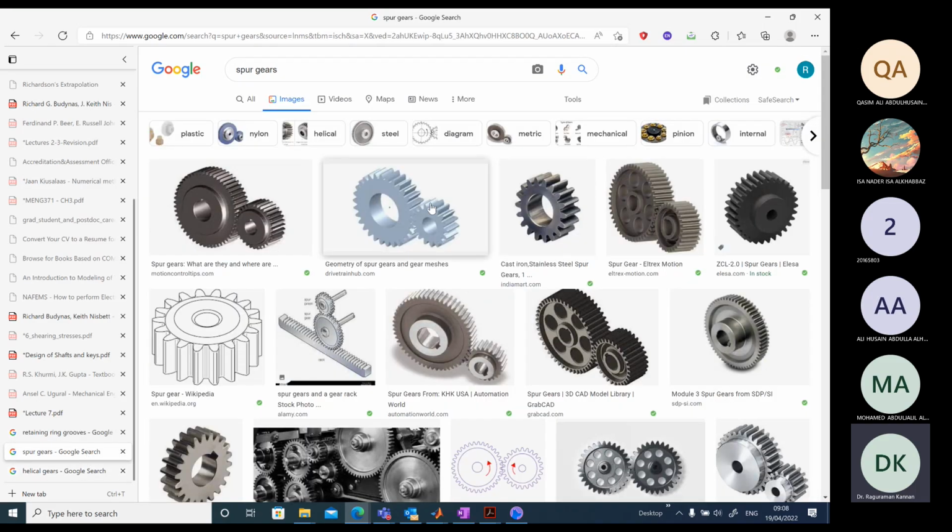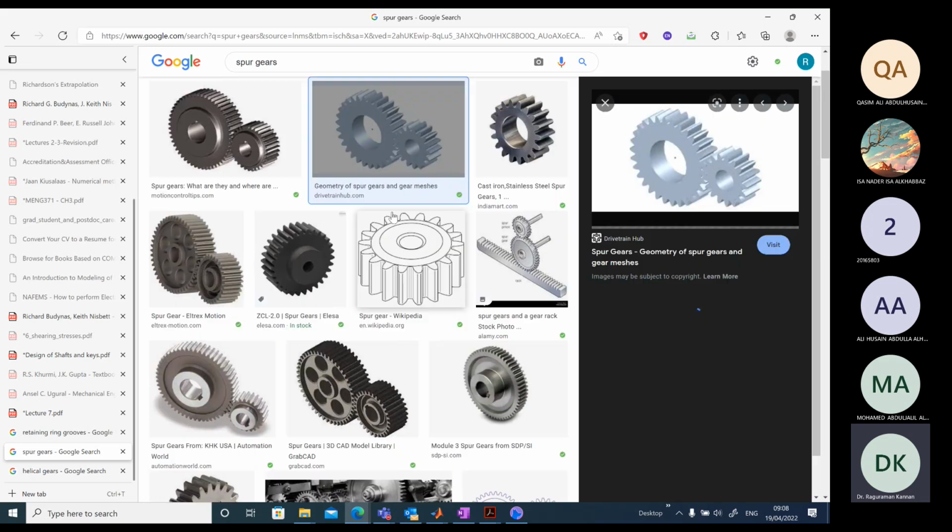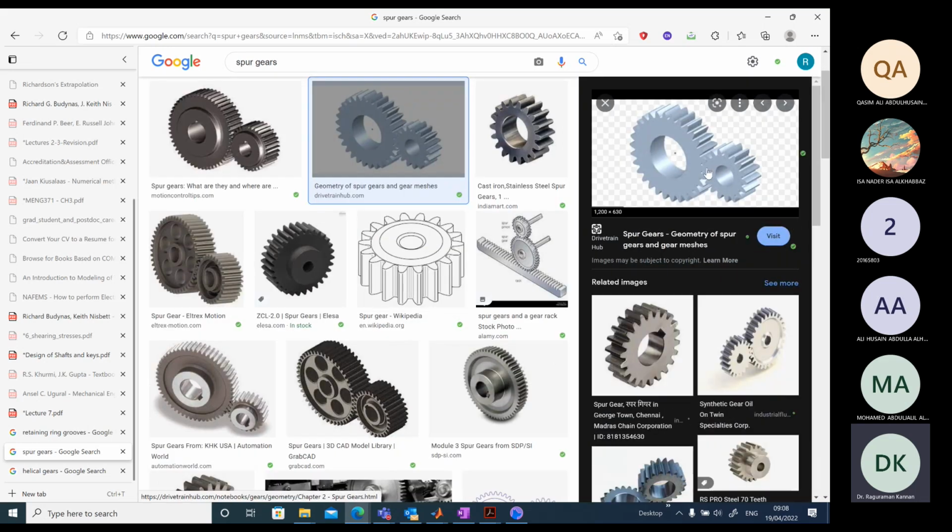But the spur gears do not lead to any axial load. They will lead only to the radial load. You can see these two gears, when they mesh against each other, there will be a tangential load here, and there will also be a radial load because of the slope on the gear teeth.